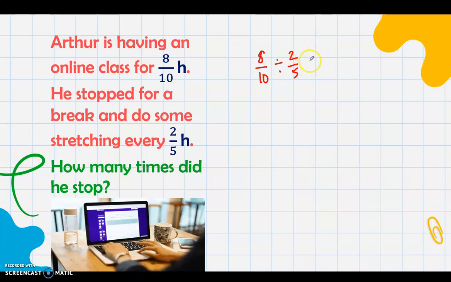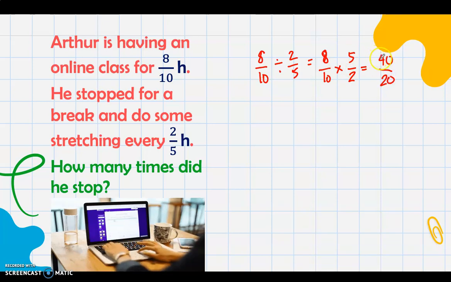Now the steps in dividing. This one is a simple fraction. All you have to do is get the reciprocal of the divisor. You just copy the dividend, which is 8/10, then get the reciprocal of 2/5, which is 5/2. Then proceed to multiplication. You multiply the numerators and you multiply the denominators.